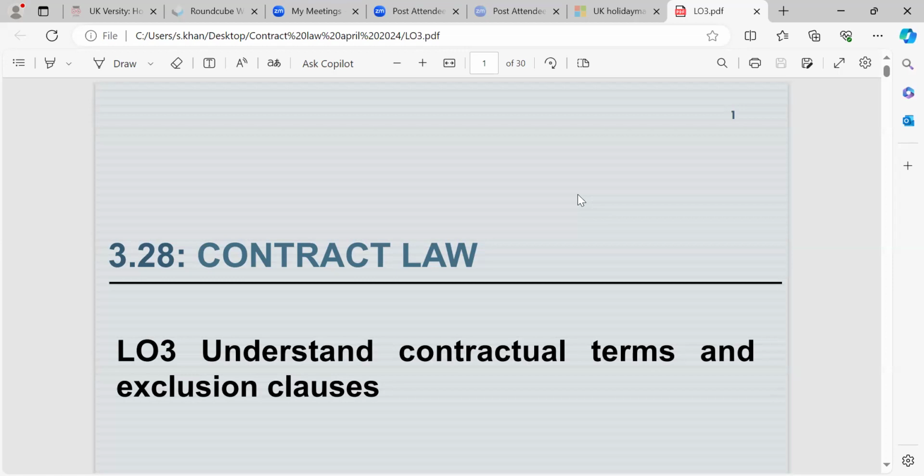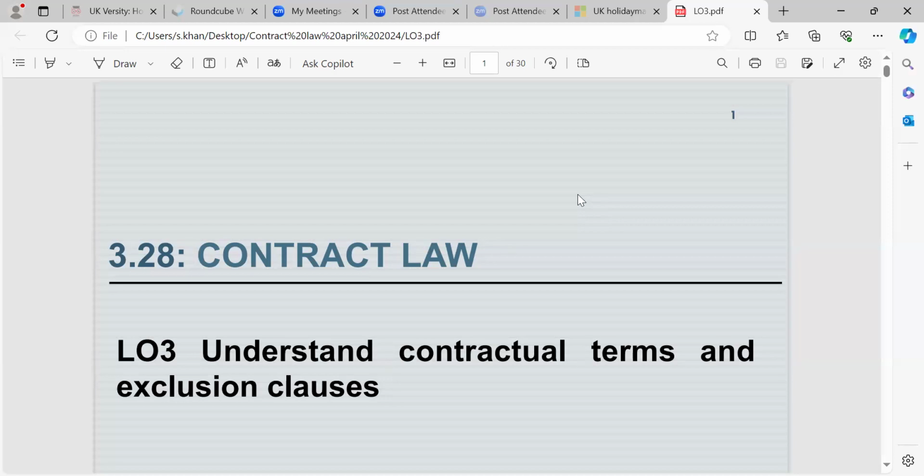We went on to look at the performance of existing duty and public duties. We looked at performance of existing duty with reference to the Stilk and Myrick case, 1809, and Hartley and Ponsonby, 1857. We looked at the performance of existing duty with reference to cases such as Shadwell and Shadwell, 1890. A lot of these cases are available for you as additional reading on Moodle.